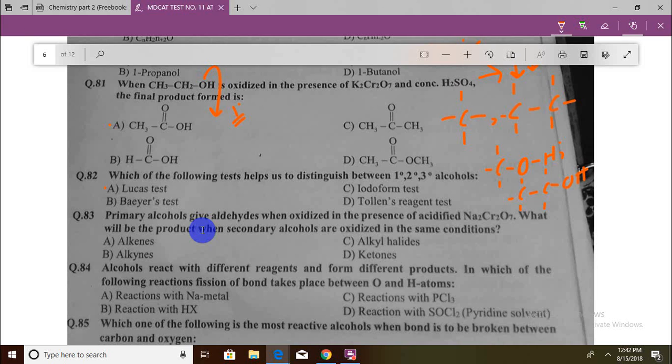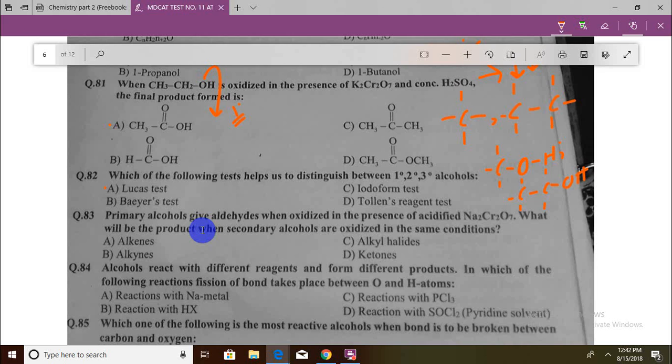Over here, yep, it's used for distinction between primary, secondary and tertiary. And what is the Lucas test? It's basically when you react with concentrated HCl in anhydrous zinc chloride, and you would get an oily layer of alkyl halide formation, and there would be multiple such layers and they would separate out because they would be immiscible.